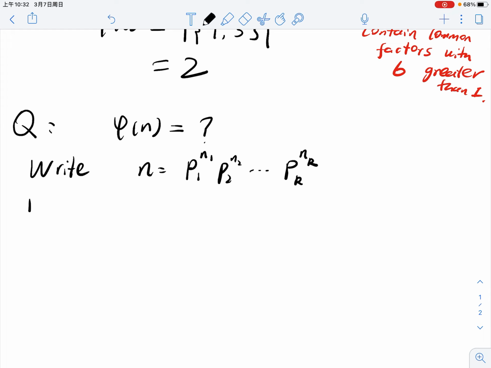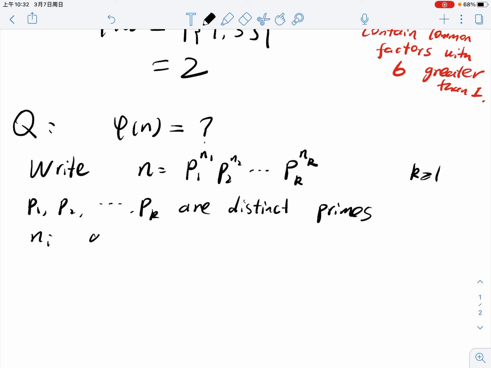So here we assume p1, p2, up to pk, where k is greater than or equal to 1, are distinct primes, and the ni are positive integers for each i between 1 and k.